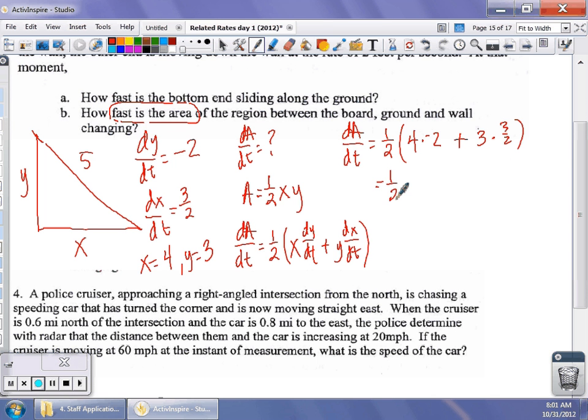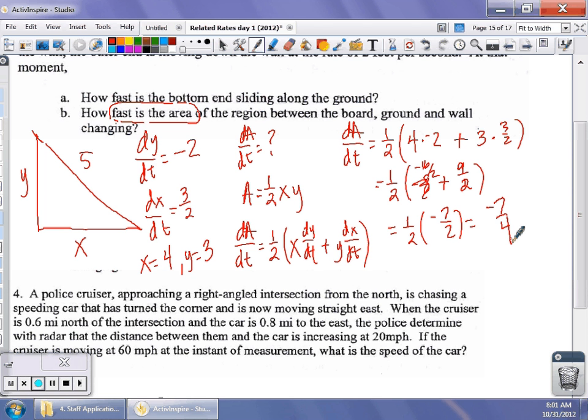So that gives me 1/2 of negative 8 plus 9/2. And negative 8, I'm going to write that as negative 16/2. So negative 16 and 9, that gives me 1/2 of negative 7/2, which is negative 7/4.